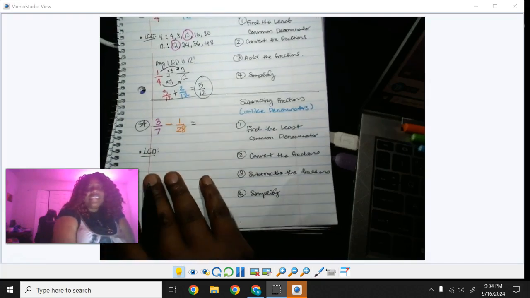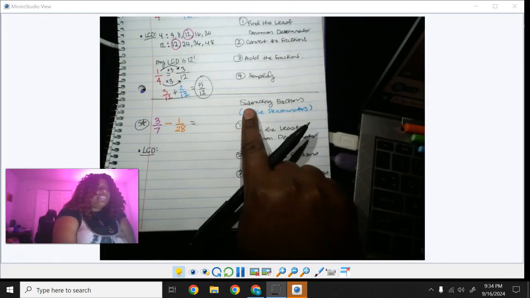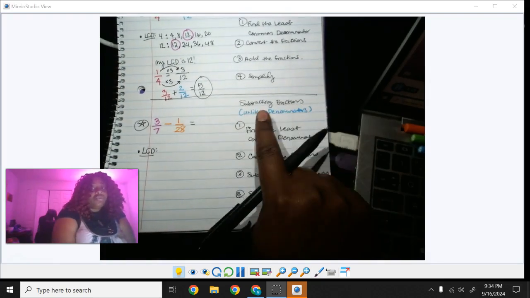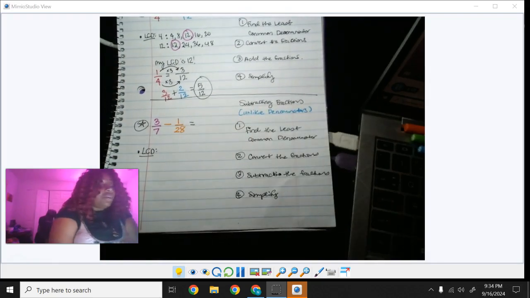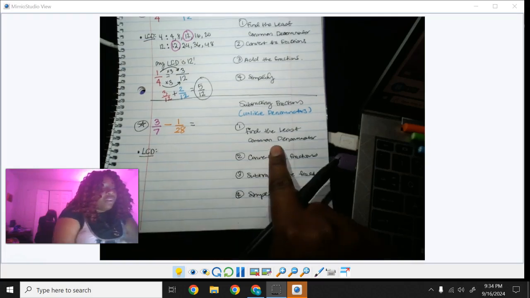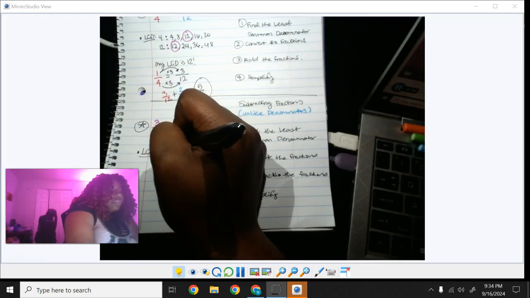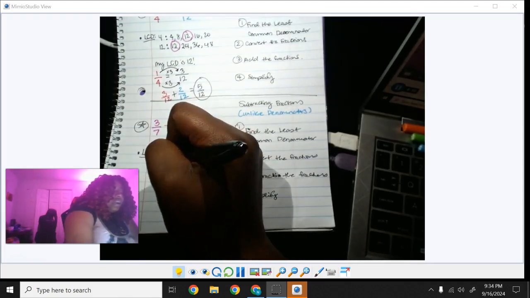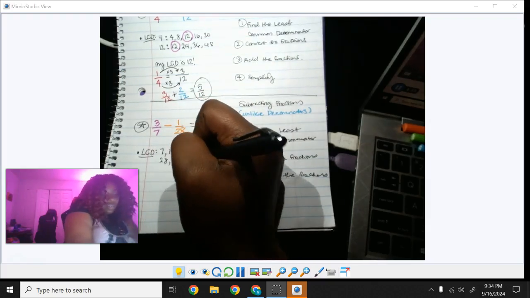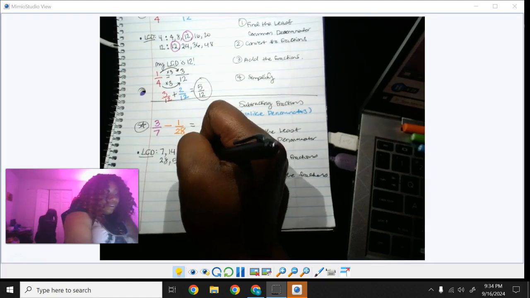Now, let's look at this same process, but this time we're going to be subtracting fractions with unlike denominators. So the first step, we always find our least common denominator. So 7, 14, 21, 28, and then here I have 28, 56, and 84.